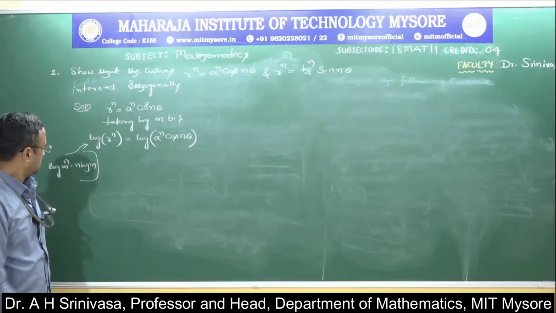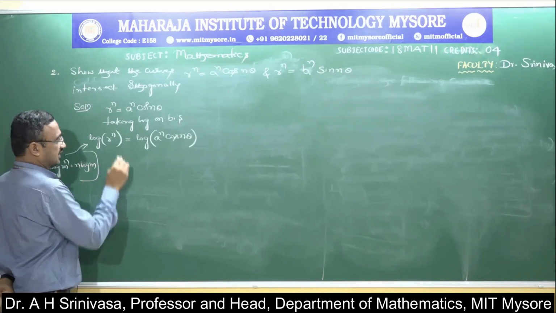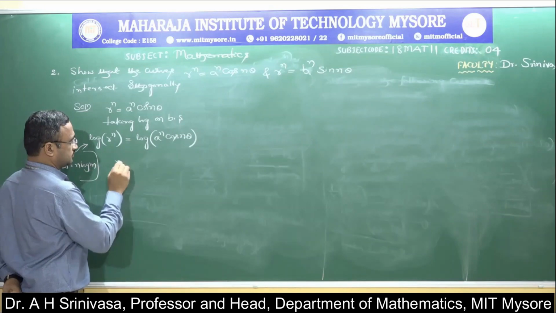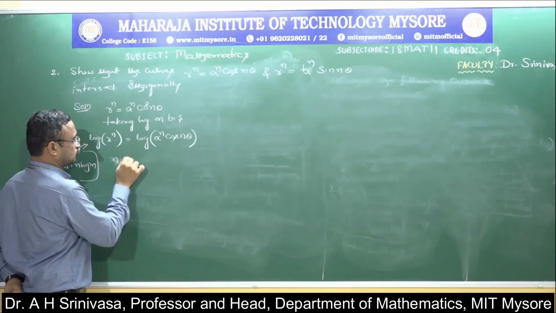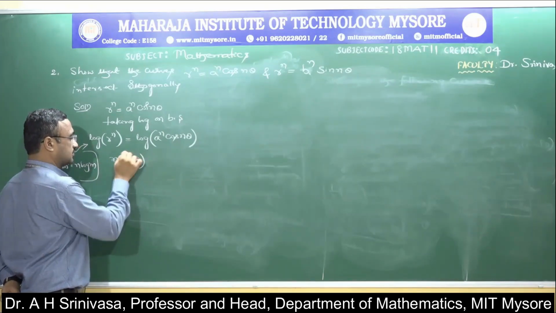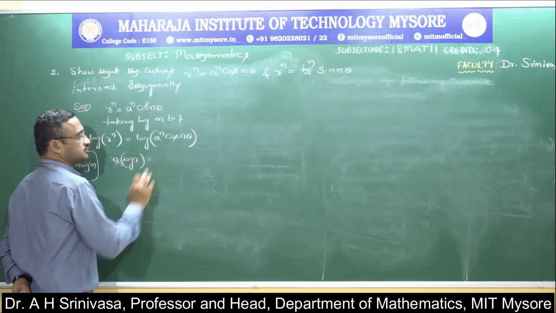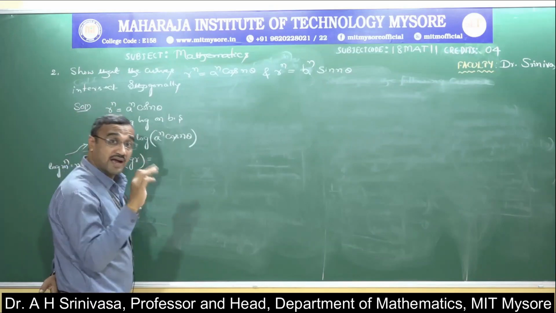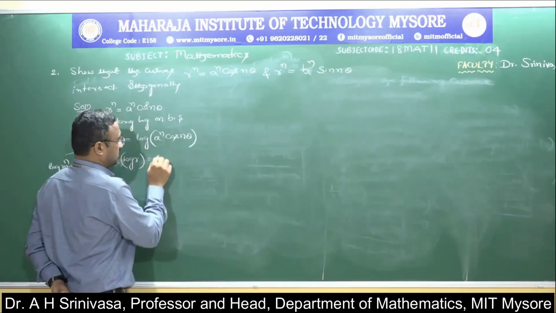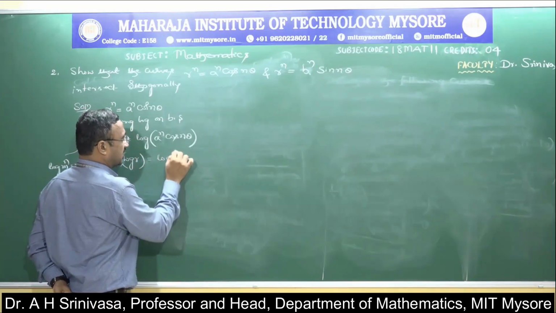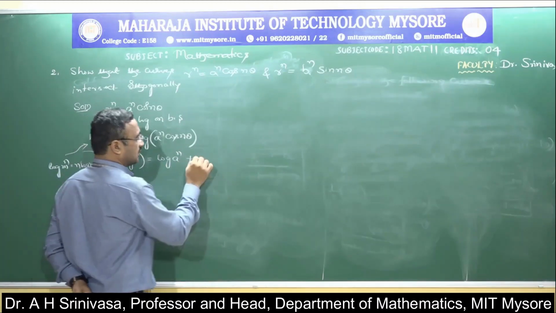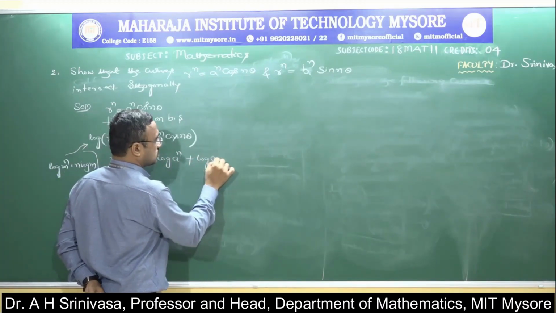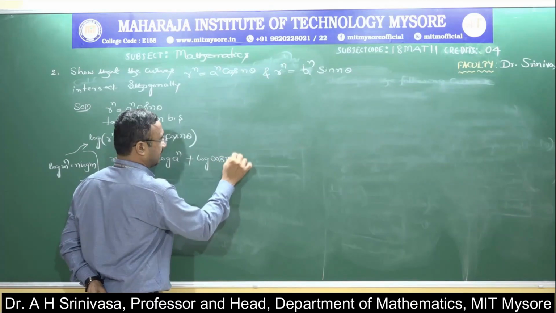Okay. Now, using this, it becomes n into log r should be equal to... Now here you have to apply the first property, log of m into n: log a^n plus logarithm of cos n theta.